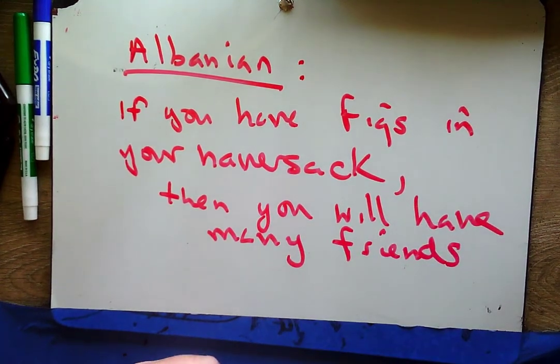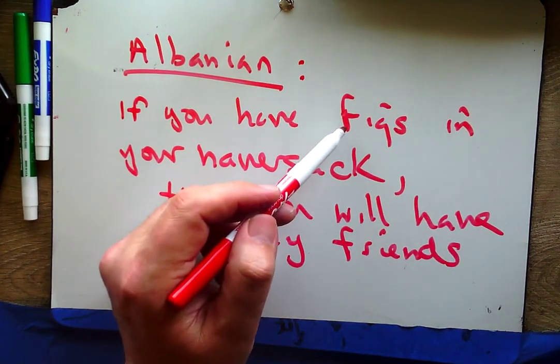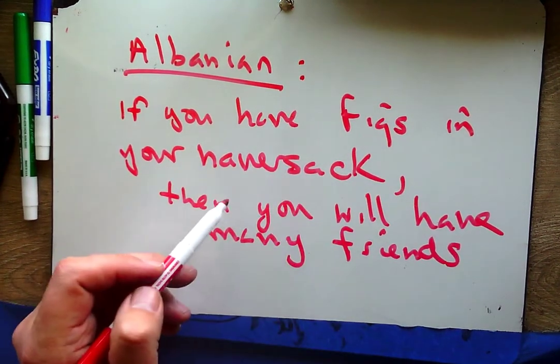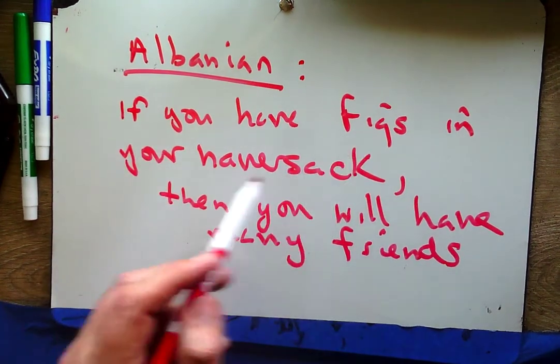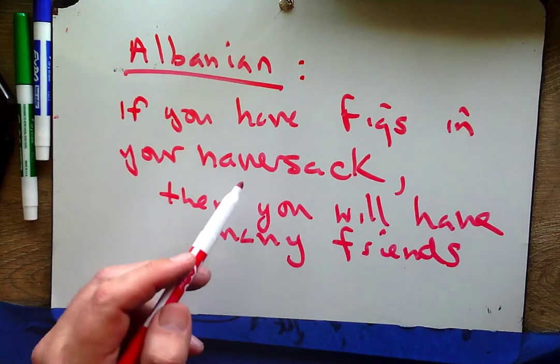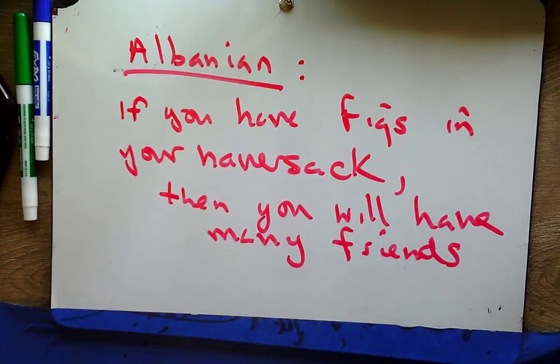Okay? A truer sentiment has never been said. Figs, that's a type of fruit. Haversack, think backpack. Think book bag. So if you've got tasty fruit in your backpack, then you're going to have lots of friends.